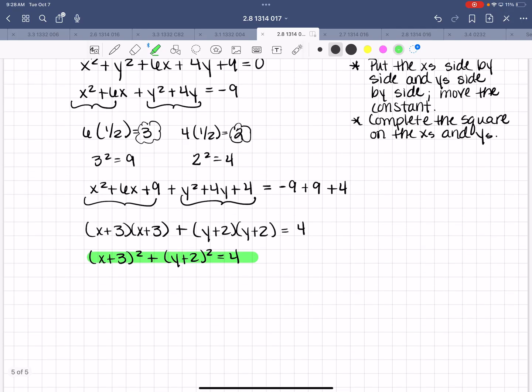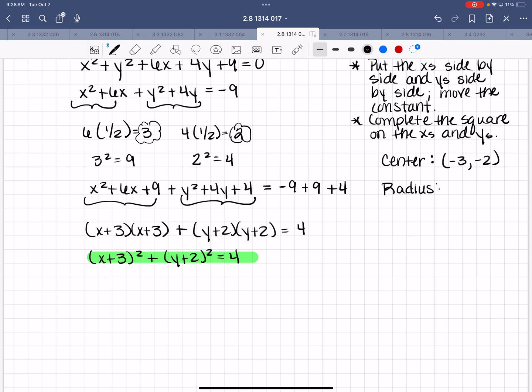Now I can give the center. If I'm looking for the center, I told you change the signs, opposite signs, right? So the center's not going to be at 3, 2. It's going to be at -3, -2. I can find that radius now.